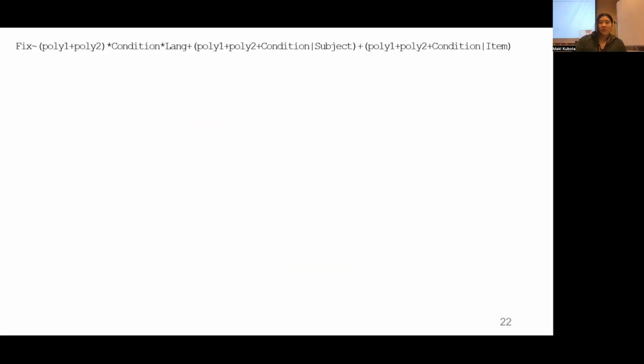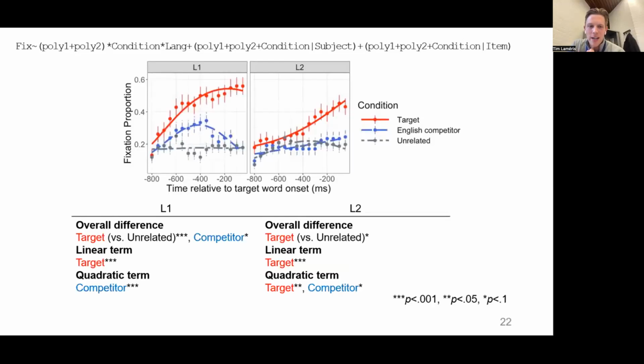Can I quickly ask, in the model that you had, I think this was further down the slide, what is it exactly that you're comparing? Is it just whether the two curves are similar in a way? So this one, like the table here, the outputs. Yes, so the first one, the overall difference, is just an overall LME, comparing the fixation proportion to the target or English competitor versus the baseline undiluted condition.